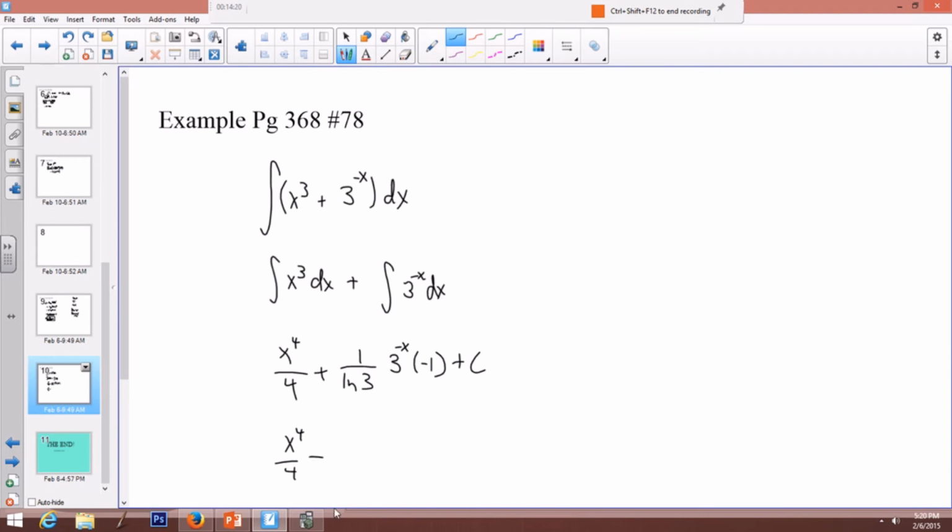Instead of a plus, we'll have a minus. We'll have 3 to the negative x. Let's get rid of our negative exponent and push that back down to the bottom. So we'll have 1 over the ln of 3 times 3 to the positive x plus some constant c. I like that. That looks good.